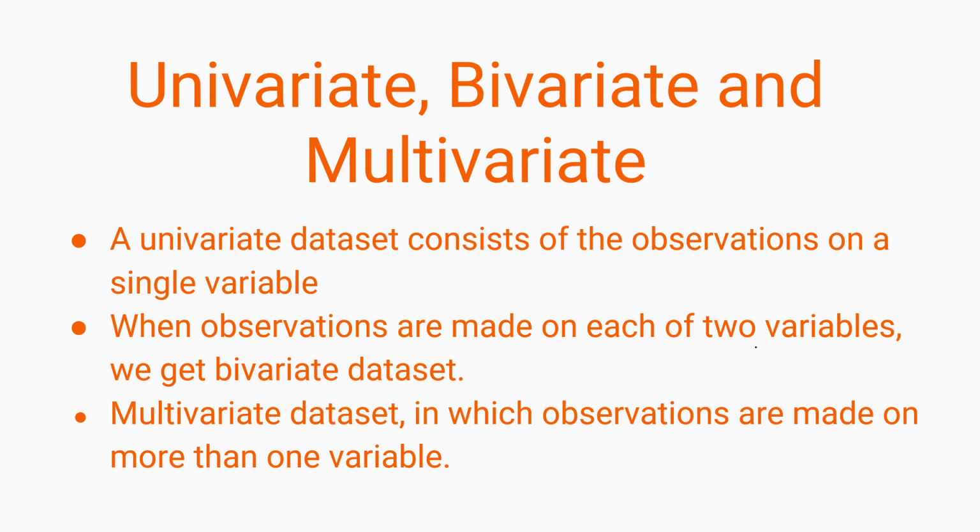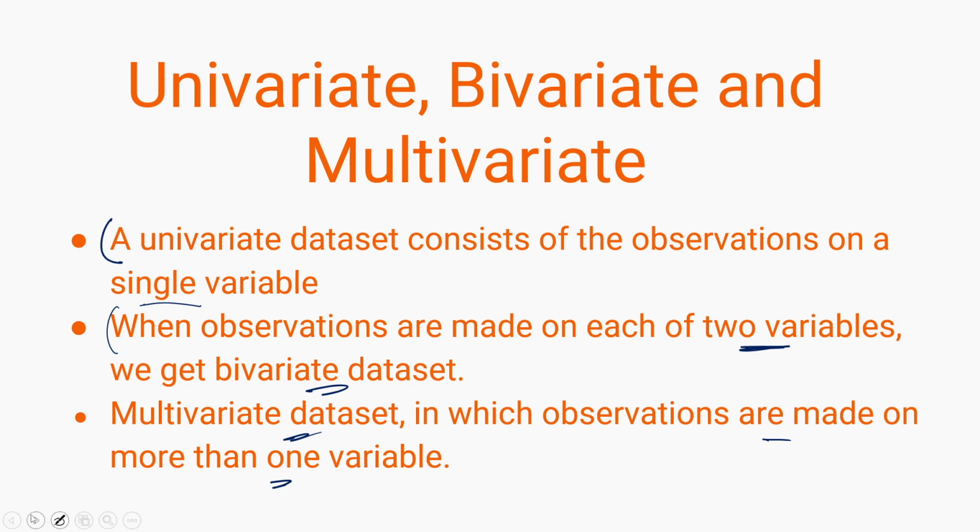This is the definition. A univariate data set consists of observations on a single variable. When observations are made on each of two variables, then we get the bivariate data set. Multivariate means when observations are made on more than two variables.